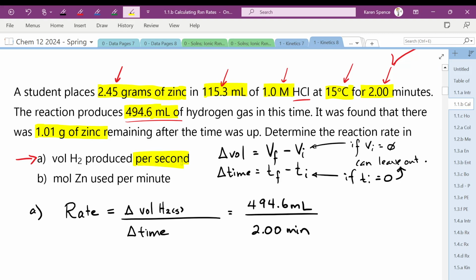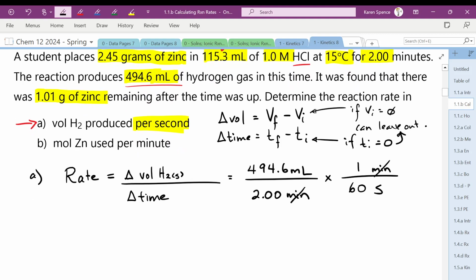So you could either do it like this and just convert your minutes into seconds. So our minutes will cancel out, 1 minute for every 60 seconds. 494.6 divided by 2, divided by 60 equals 4.1216 repeating.